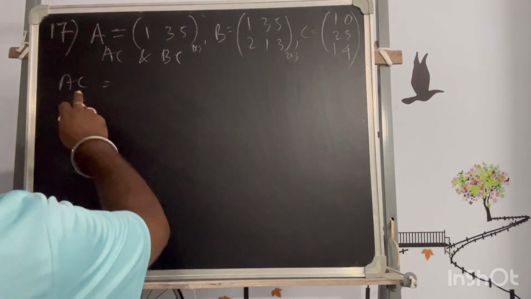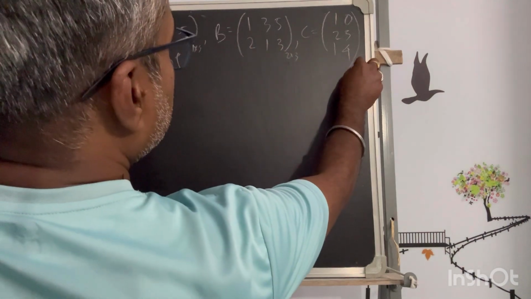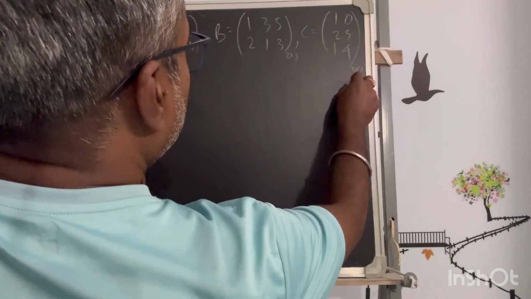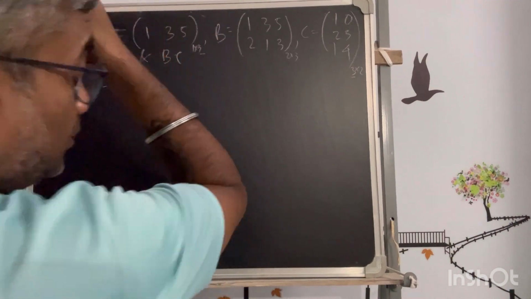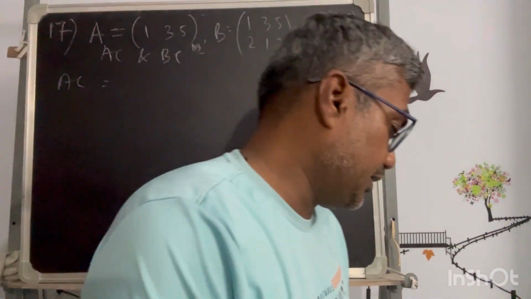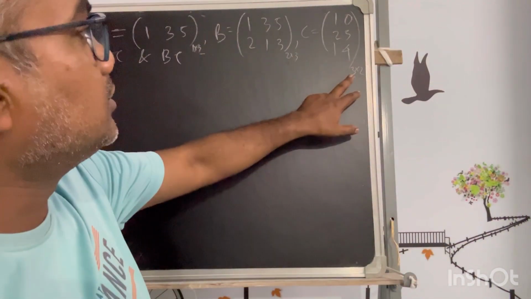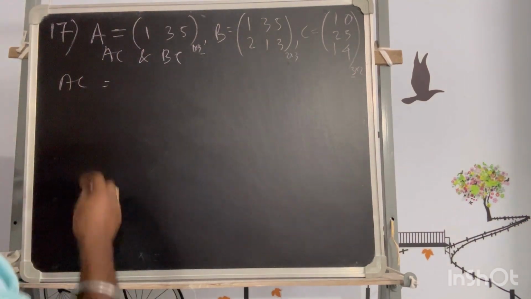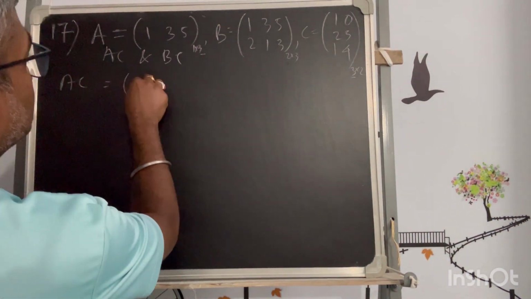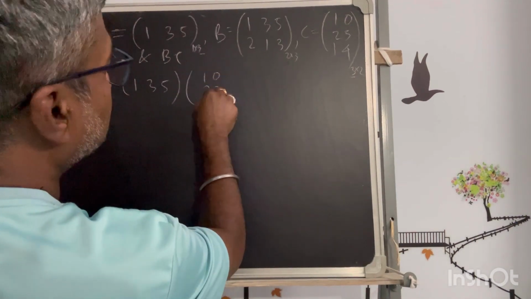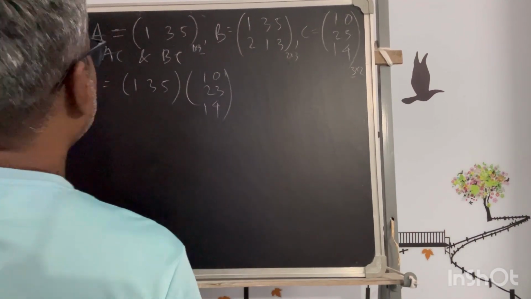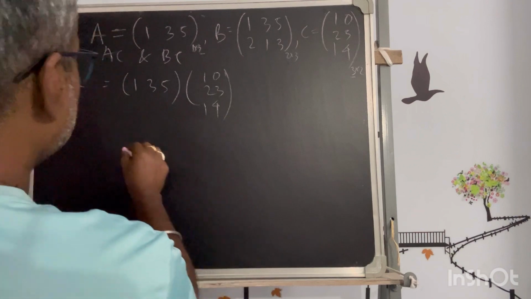Oh sorry, for AC, C is 3 cross 2. Here it is possible because the number of columns in A and the number of rows in C are the same, so we can go for it. So 1, 3, 5 and 1, 0, 2, 3, 1, 4. I need to say AB is not possible, AC is possible.